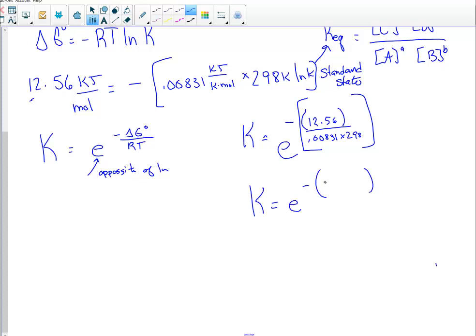And my screen reads 5.0719. Alrighty. Now, my key sequence to solve for K, I'm going to hit second function of the natural log of negative 5.0719.